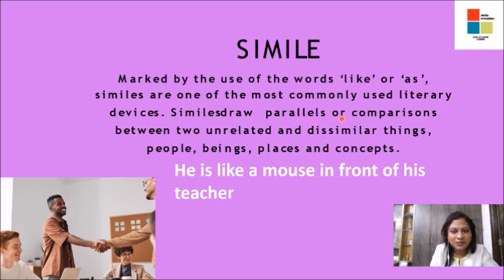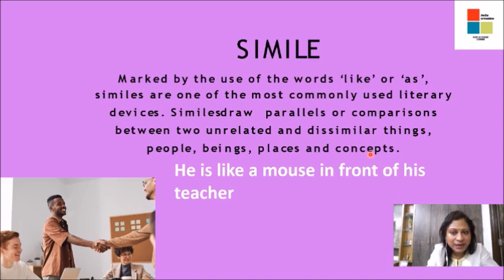Similes draw parallels or comparisons between two unrelated and dissimilar things, people, beings, places, and concepts. This means that simile is a comparison between two completely different things with the help of words like or as.